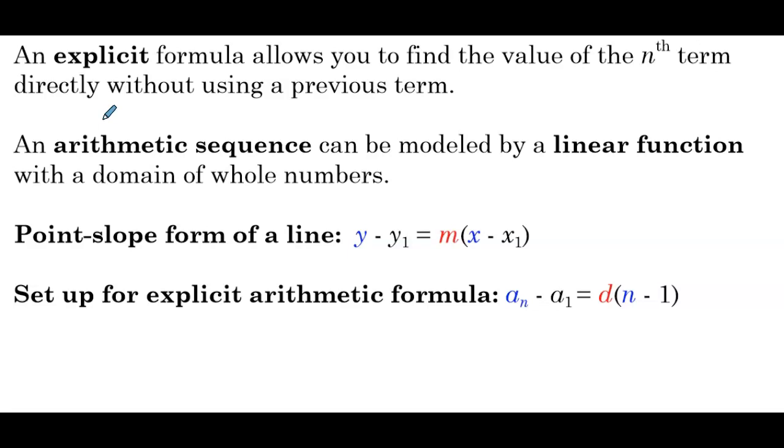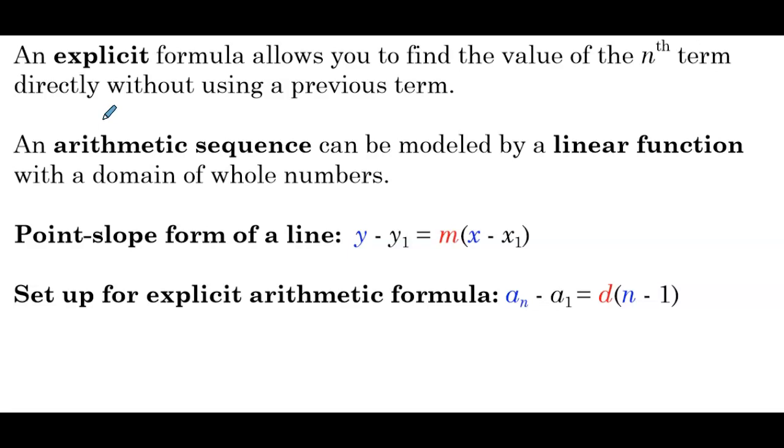Recursive is really bad if we're trying to find the 100th term, because to find the 100th term, I need the 99th term, and it kind of spills all the way back. An explicit formula is saying, if I want the 100th term, I just have to plug in 100, and I would get the 100th term out. So that's the advantage of an explicit formula over the recursive formula that we already know.